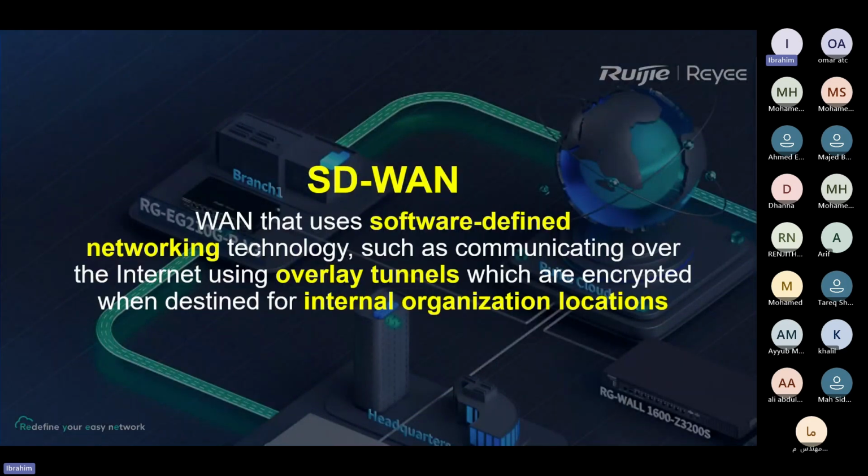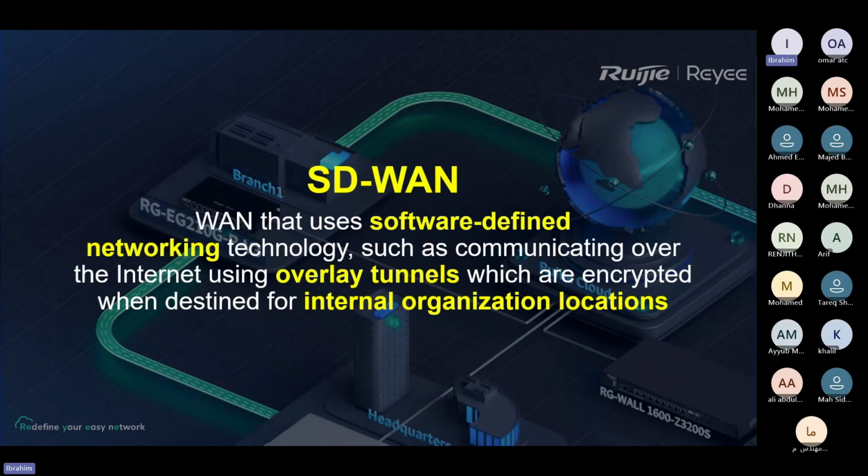Here we introduce the concept of SD-WAN. SD-WAN is a software-defined way to build secure connectivity between sites over the internet using overlay tunnels, and I can manage it through the cloud.